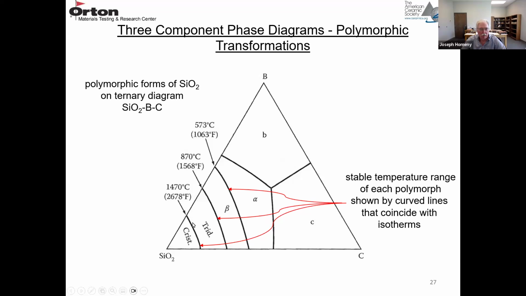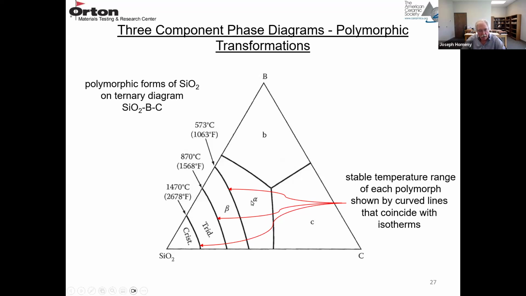This is an example where we have some polymorphic phase transitions. And this is for SiO2. So we just put in SiO2 at this corner. Then we have B and C, other compounds. And these contours are temperature contours, but they represent the stable temperature regions for each one of the polymorphs.